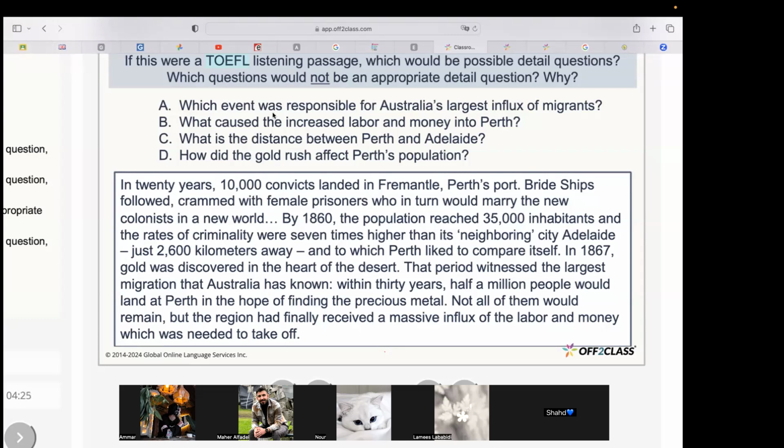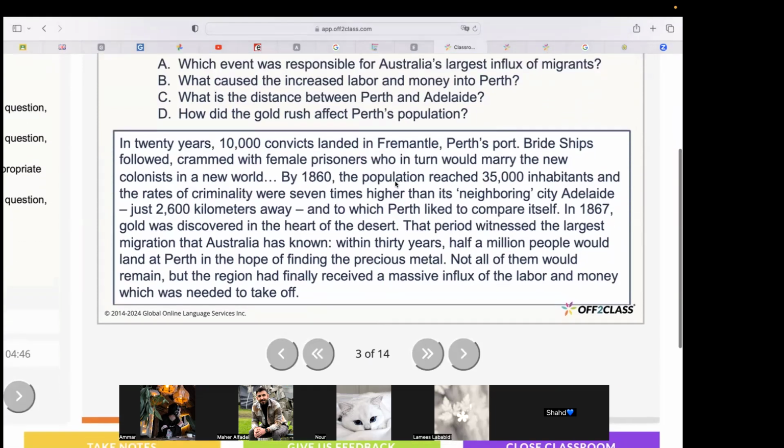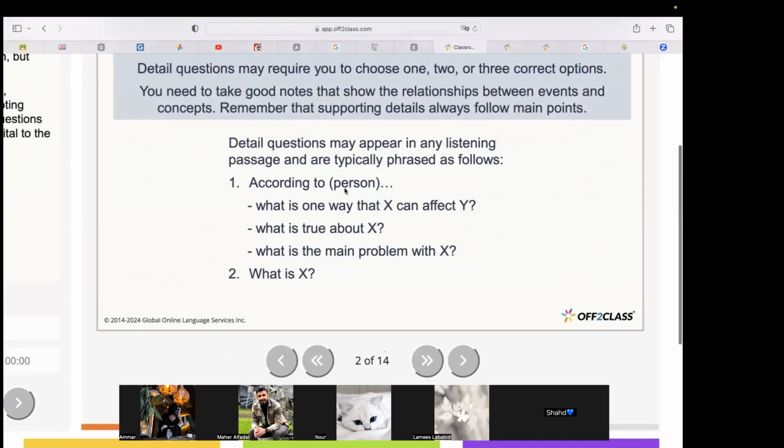So, if this were a TOEFL listening passage, which would be possible detailed questions? And which questions would not be appropriate detailed questions? Let's try to find which of these questions you think would be possible detailed questions. Remember, detailed questions ask something like this.